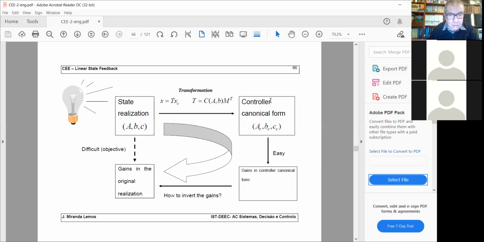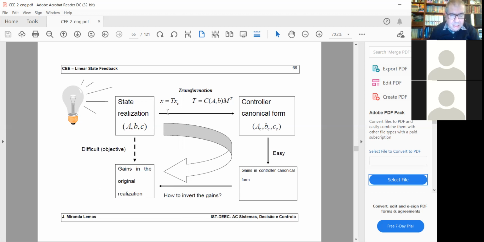In controller canonical form, it's very easy to design the controllers. So you get the gains in the controller for the state of the controller canonical form. But then you have to invert this transformation. Now, what is the transformation that leads you to the controller canonical form?